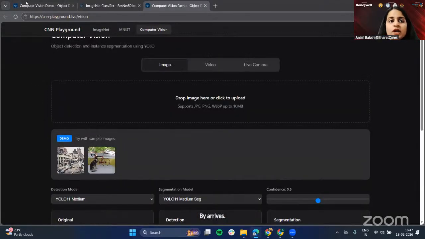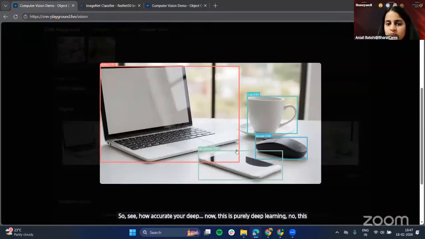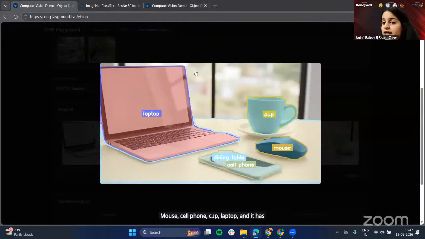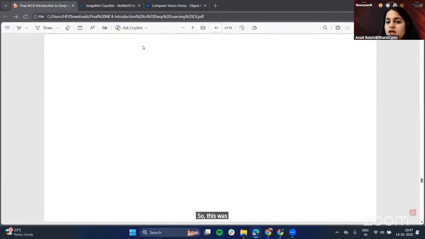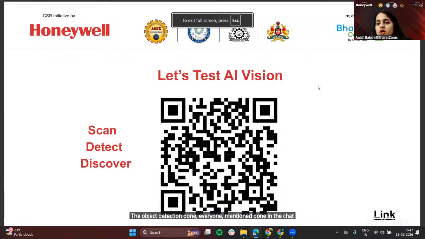So see how accurate your deep, now this is purely deep learning. Now this is also loaded. So this is what we recognized: mouse, cell phone, cup, laptop. And it has defined the boundaries also. So this was the object detection. Done, everyone? Mention done in the chat if it's worked.